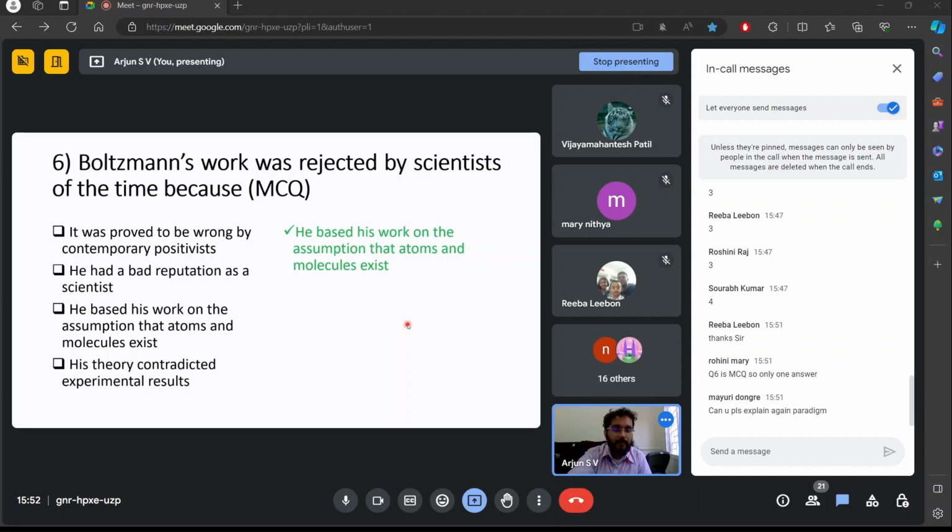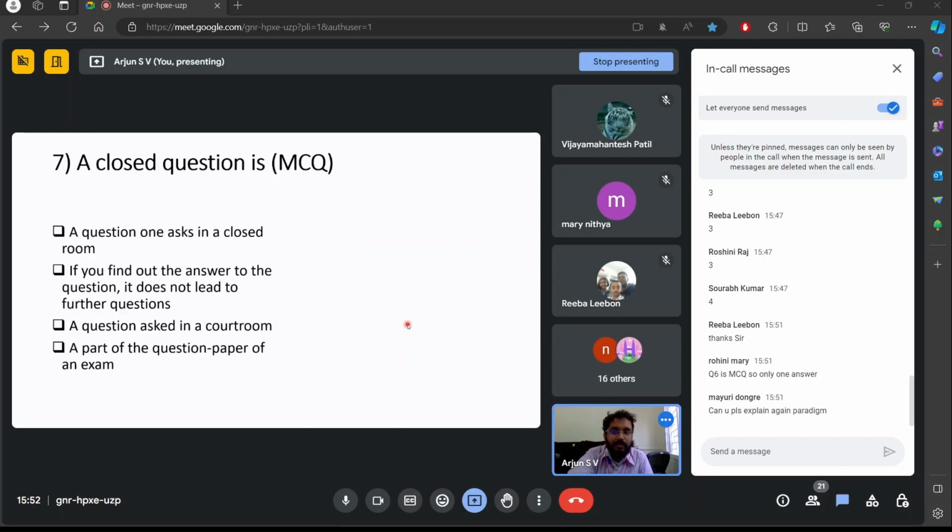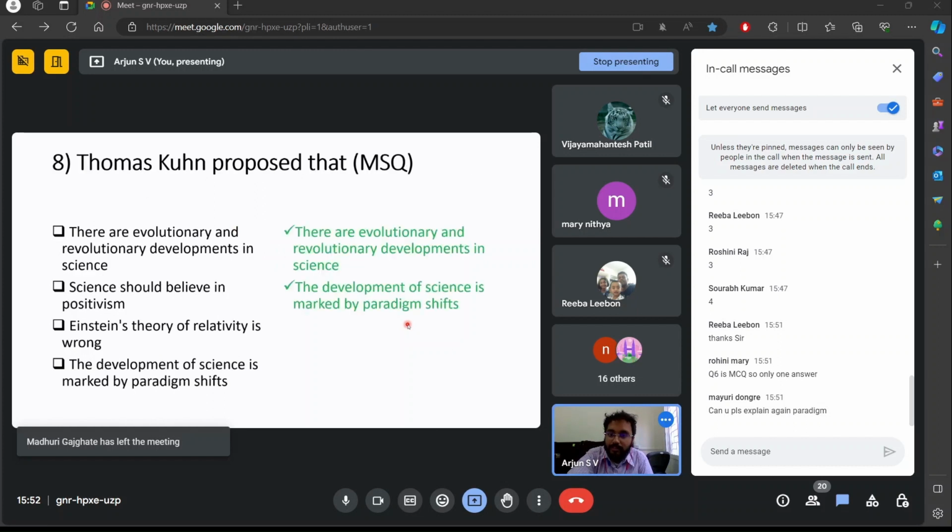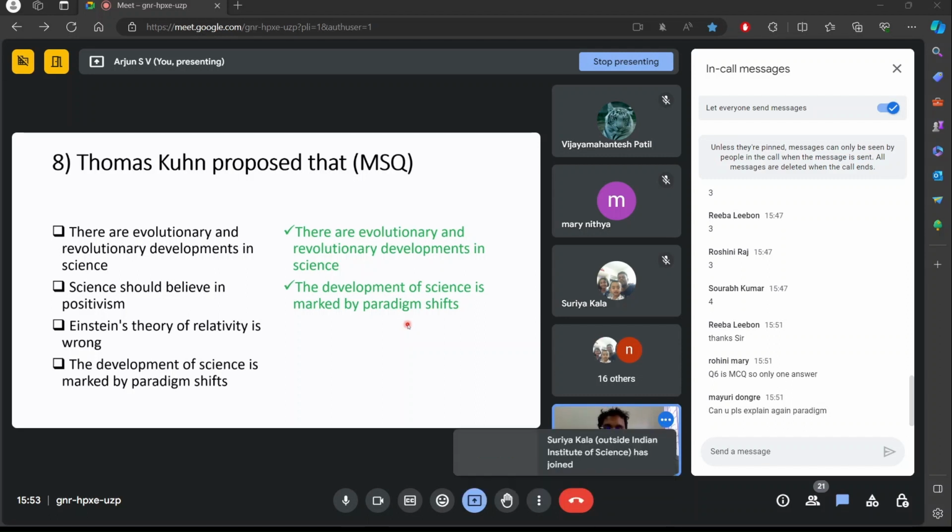Mayuri is asking, can you please explain paradigm again? Okay. I have to think how to start explaining this. Let's take a typical definition of what a paradigm means. A paradigm can be explained as a state or a pattern, or a typical niche sort of thing.